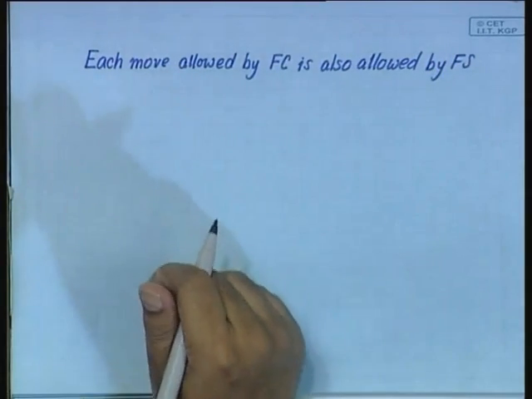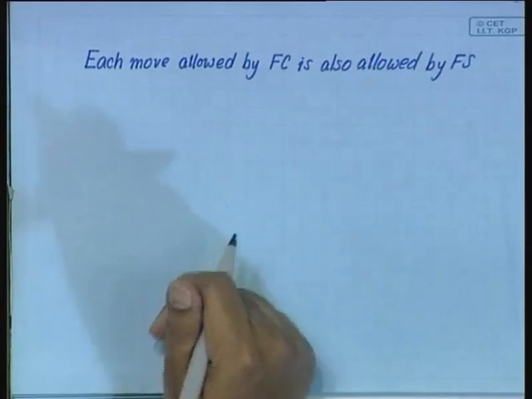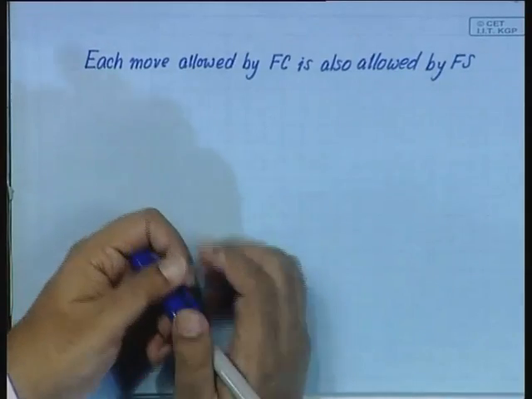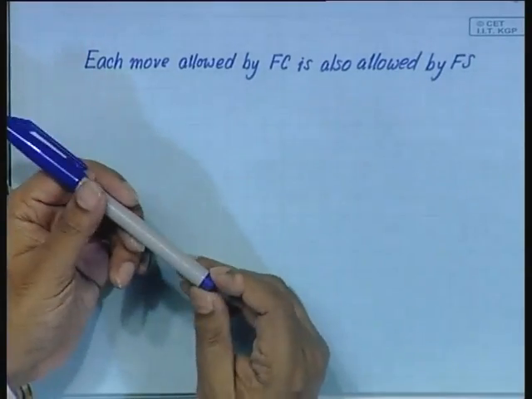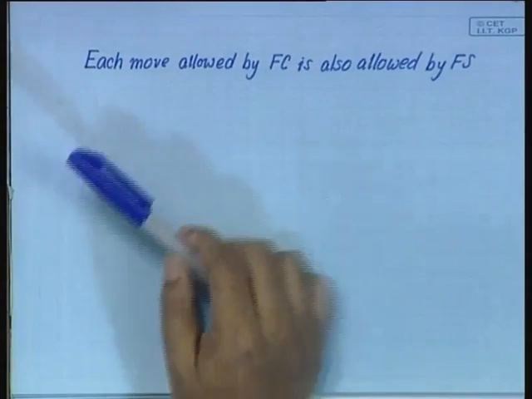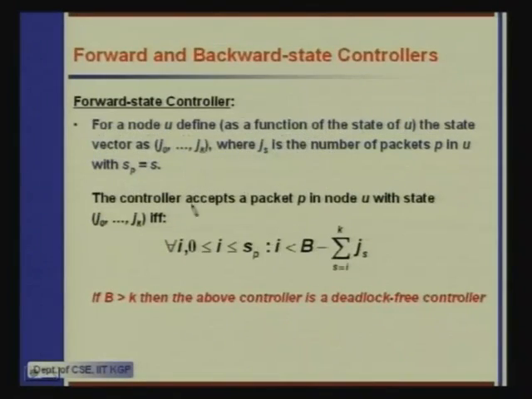Okay. So one point regarding it says that JS is the number of packets P in U, SP equal to S. What is this S for? Yes. JS is the number of packets P in U which have still S number of hops to go. What is SP?